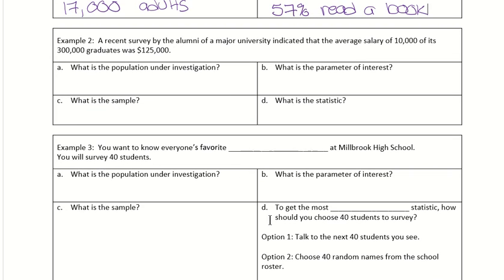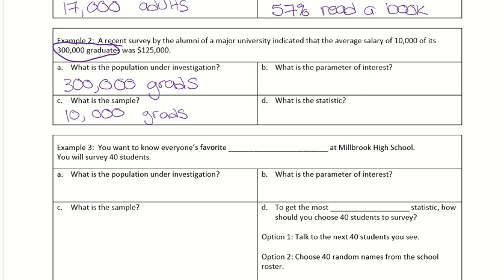All right. A recent survey by the alumni of a major university indicated the average salary of 10,000 of its 300,000 graduates was 125,000. That's pretty good. So the population is all the graduates. That's what they want to know about. So the 300,000 grads. But instead of talking to the 300,000 grads, they only talk to 10,000 of them.